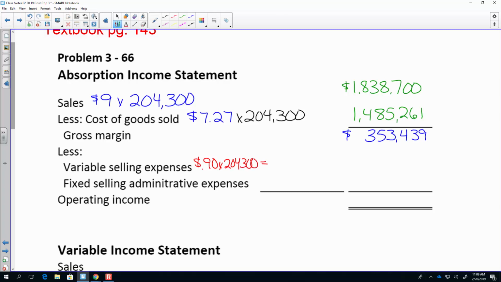Scrunch these numbers up a little bit. This is fixed selling and admin expenses. There's two of them. Or is there just one? No, there's two. Oh, there's just one. 96,000.